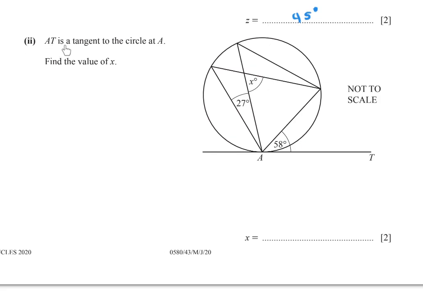(ii) AT is a tangent to the circle at A. Find the value of X. If this angle is 58, you can deduce that this angle is 58, because the angle between the tangent and the chord equals the circumference angle opposite to the chord from the other side. So this angle is 58.